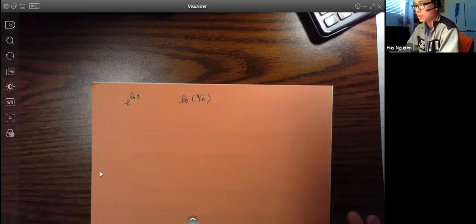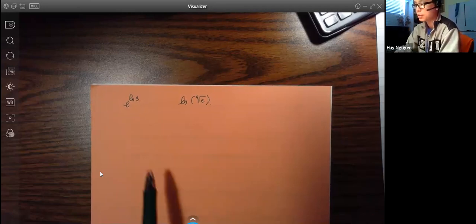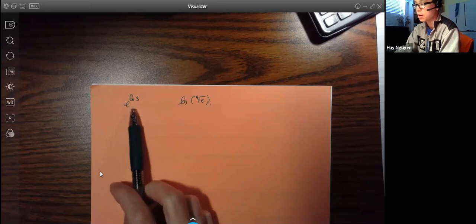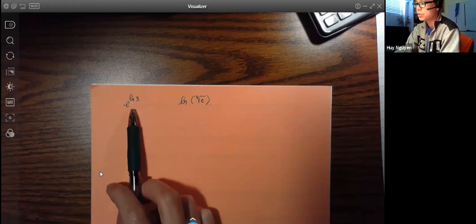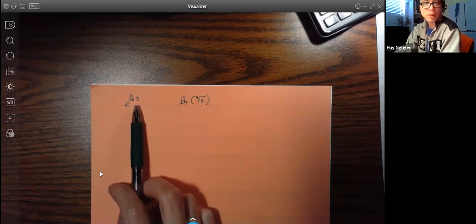So the first problem you see is related to the natural log. This ln over here is the natural log, and the second one is also a natural log. To simplify this, you just use one of the properties I gave you last time. Which property?